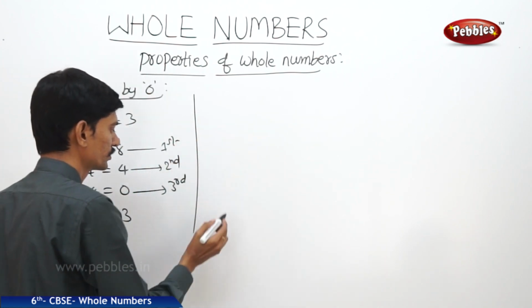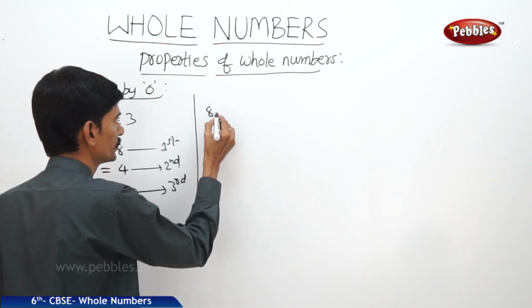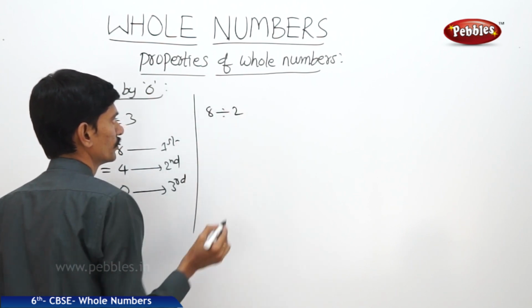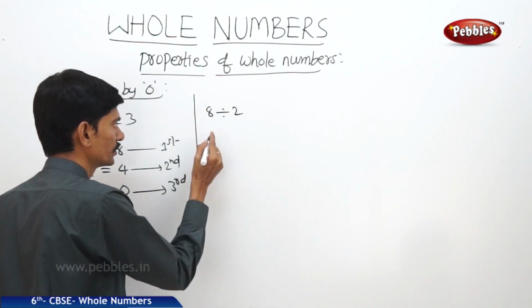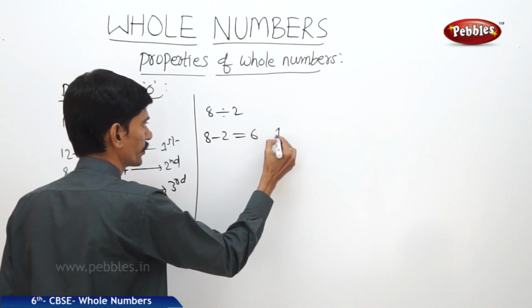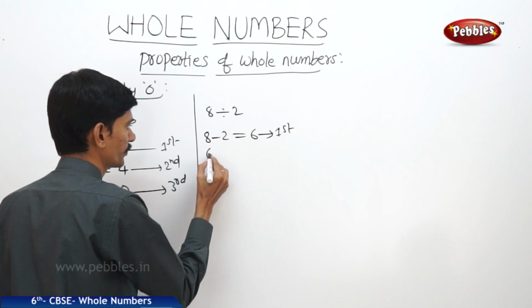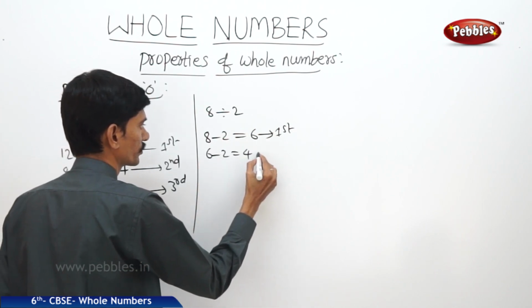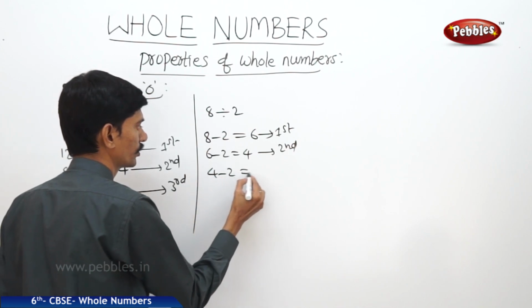So what is the result when 8 is divided by 2? We subtract 2 repeatedly from 8. Then 8 minus 2 equals 6. So this is the first step, and 6 minus 2 equals 4. So this is the second step, and 4 minus 2 equals 2.